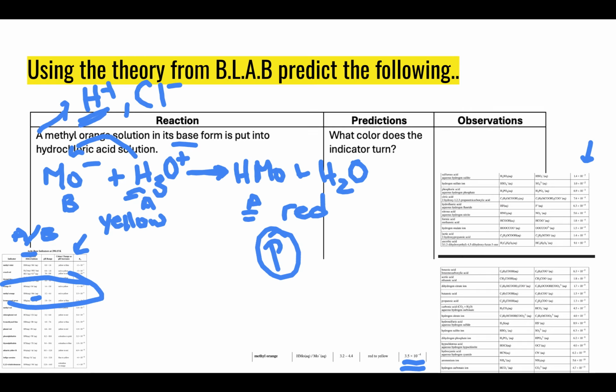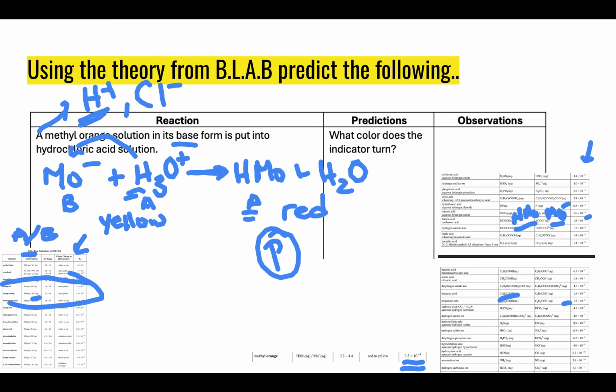So this one, if it was 3.5 times 10 to the negative 4, my eyes aren't that great here, 3.5, it would be around here that we would place it. And if you put in those ions, like the HMO and the MO negative, you could still figure out, is your acid higher than your base, or is your base higher than your acid, if we weren't dealing with something strong and we had to figure that out.